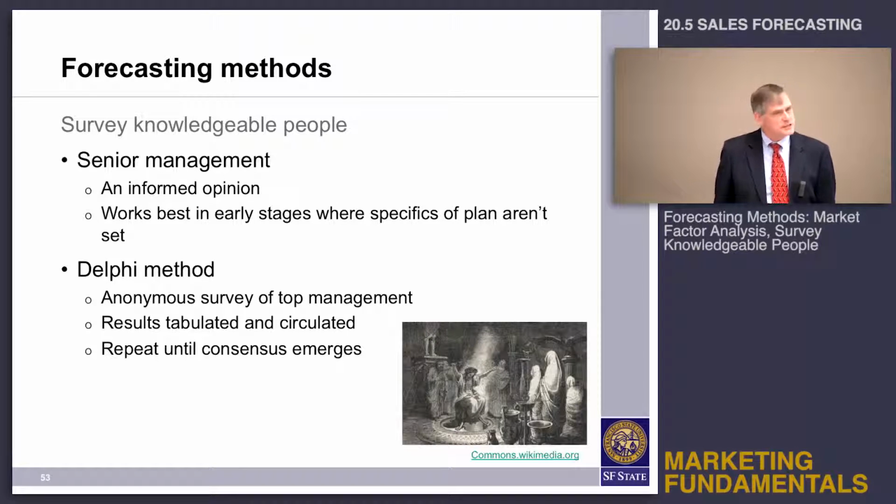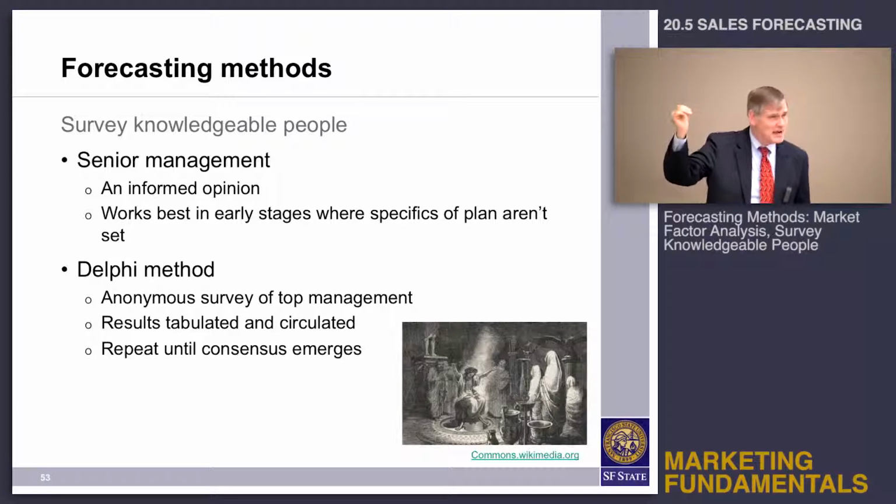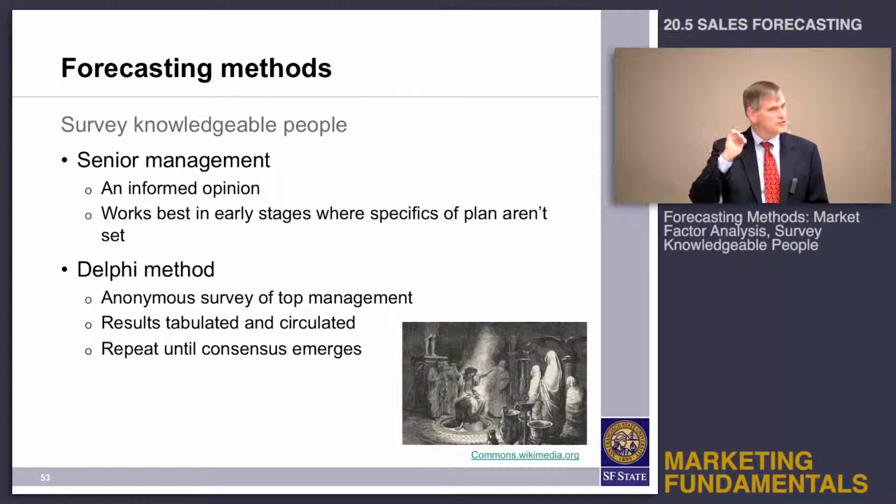Another source of information is senior management. And believe it or not, many times people in senior management positions got there because they know what they're doing. Not always, but a lot of times they have a pretty good feel for what's going on with the industry.